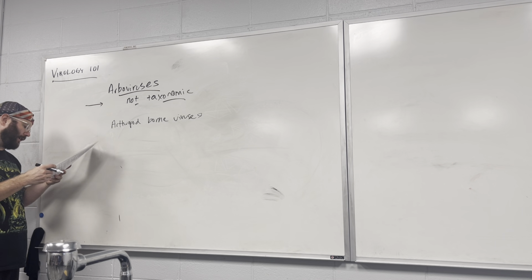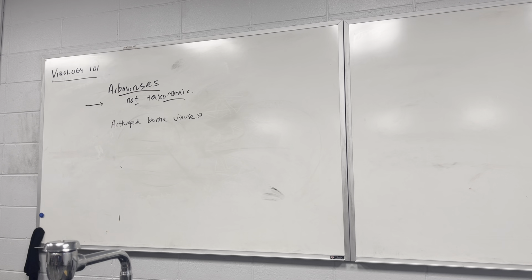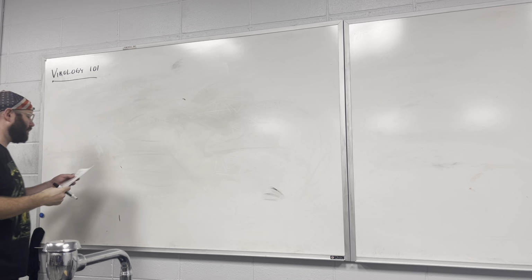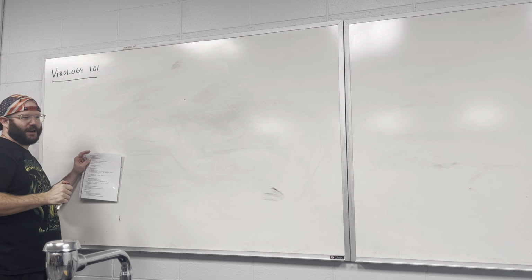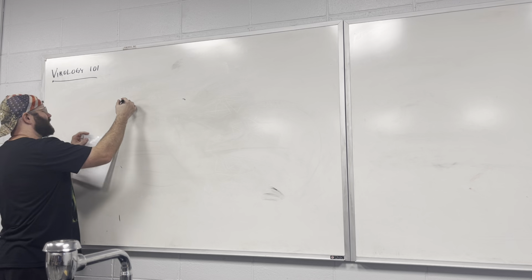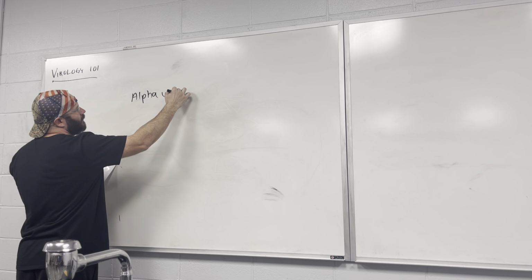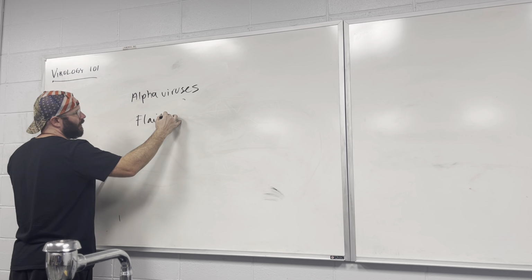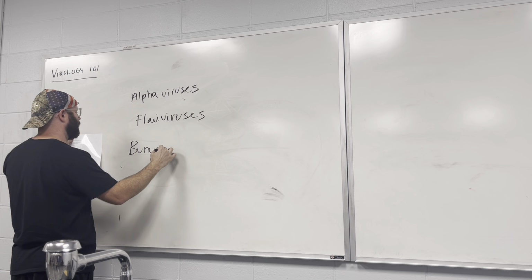Now let's talk about some actual taxonomic viruses that we will talk about. Virus taxonomy is super complex, and I'm definitely not an expert on it. We're essentially going to be talking about alphaviruses, flaviviruses, and Bunyaviruses.